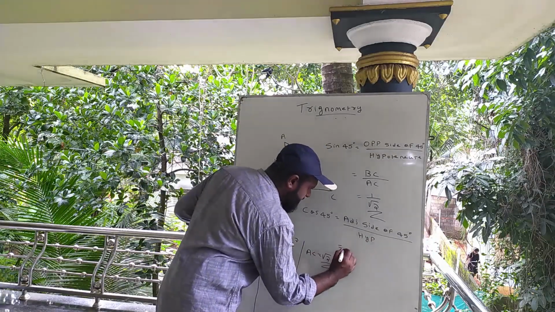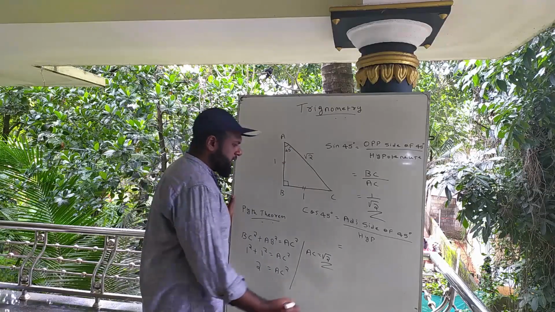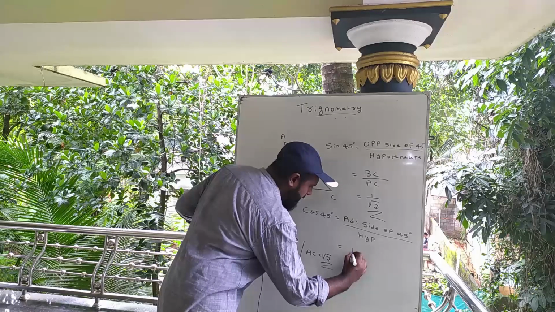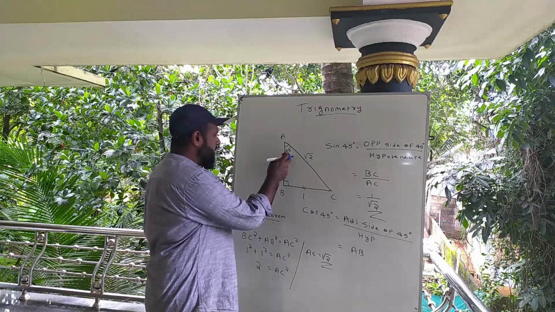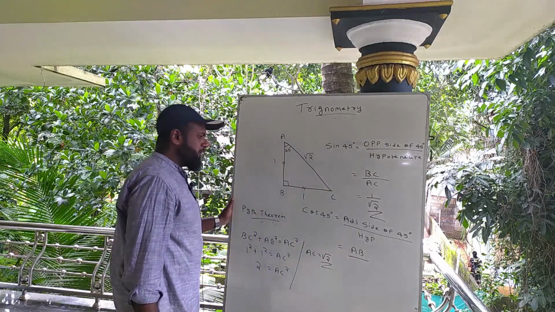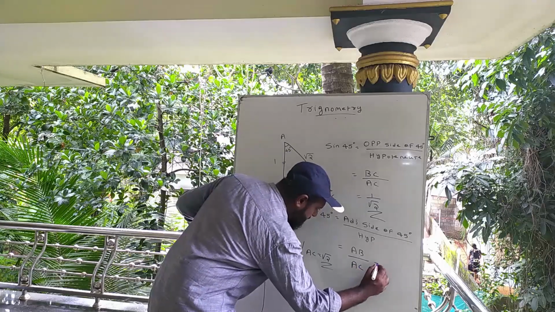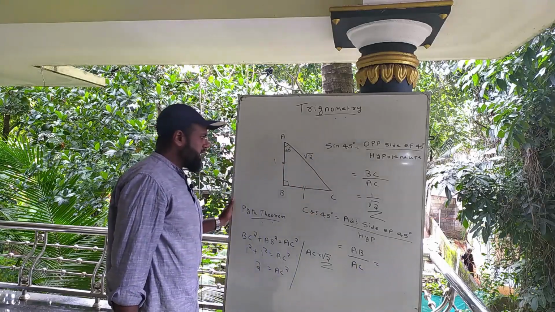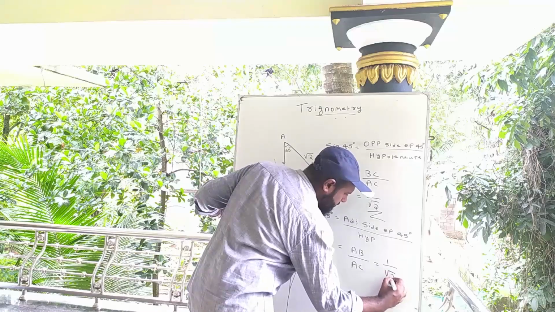What is the adjacent side of 45 degree? That is AB. Adjacent to 45 degree is AB divided by the hypotenuse, which is AC, equal to, what is AB? 1. What is AC? Root 2.